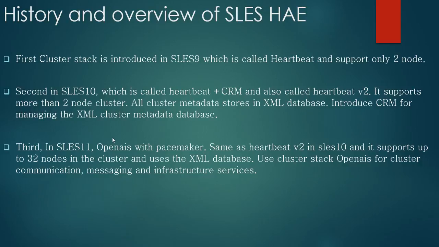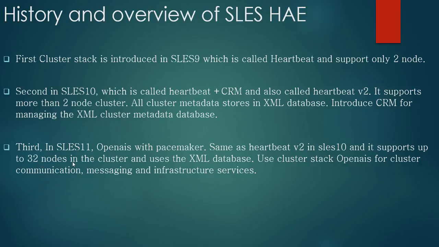Later it was introduced in SUSE Linux 11, which is called OpenAIS with Pacemaker. It is the same as Heartbeat version 2 introduced in SLES 10, but it supports more than 32 nodes.